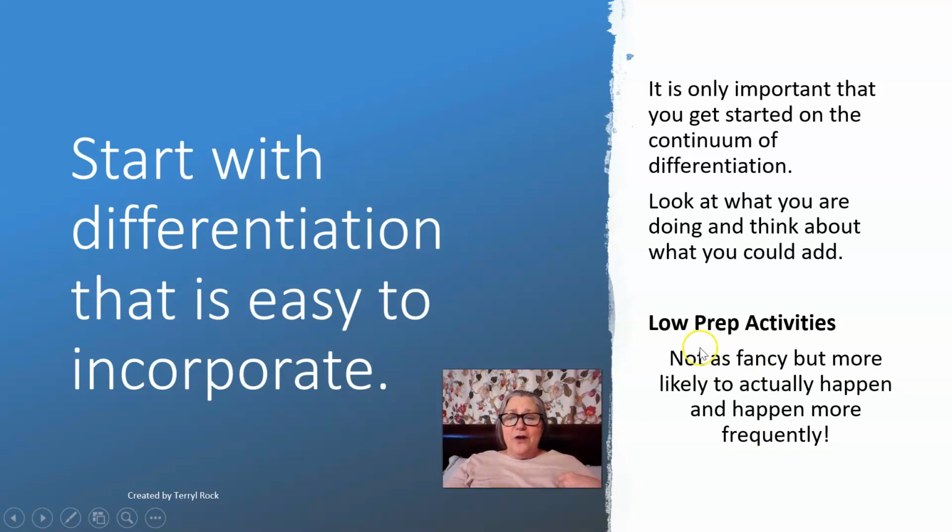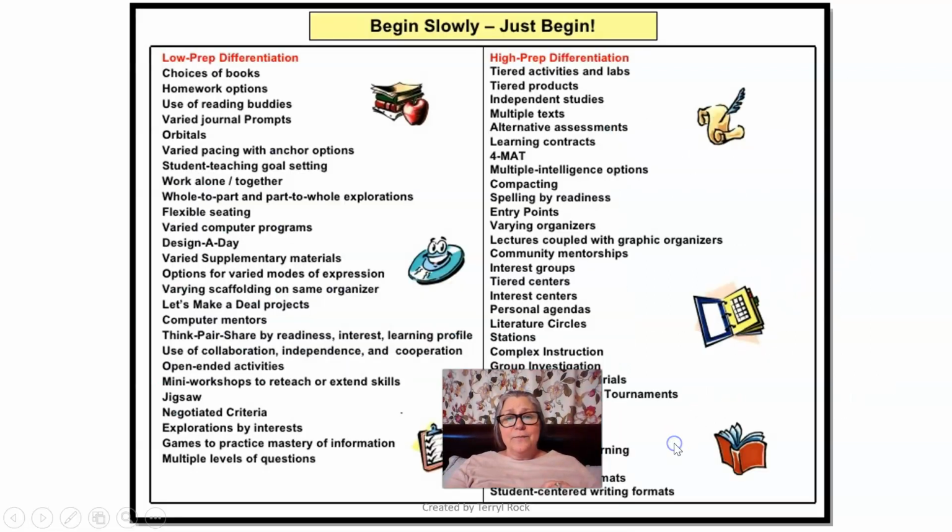So always look for low prep activities, because the less preparation you have to do to get it ready, and the less work you have to do in getting it set up and cleaned up, the more likely you are to actually incorporate it in your lesson. Because let's face it, you're busy as a teacher. So here, low prep differentiation, high prep.